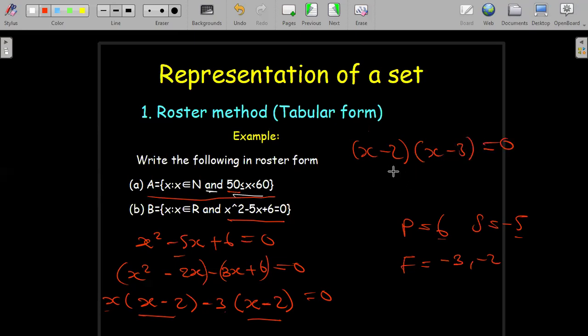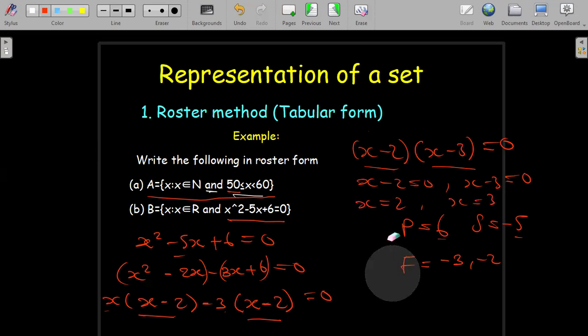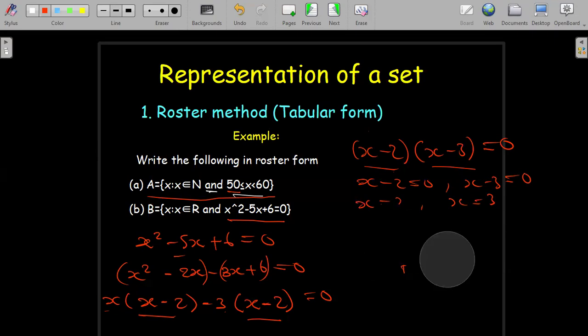So equating means this is equal to 0 and that is equal to 0. So I have x minus 2 equal to 0, and x minus 3 equal to 0. So you're going to have x equal to 2, then x equal to 3. Those are the values which we get, the members that are in that set.